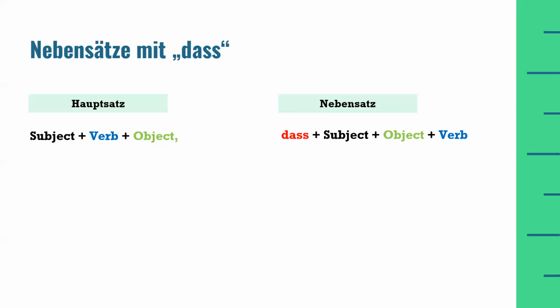In place of the object, it can be a preposition or adjective, and the main verb of the sentence will come at the last position of the sentence, and it will be conjugated according to the subject of the Nebensatz. So we will be having two verbs, one in the Hauptsatz, one in the Nebensatz, and both verbs will be conjugated according to the subjects in the Hauptsatz and the Nebensatz.